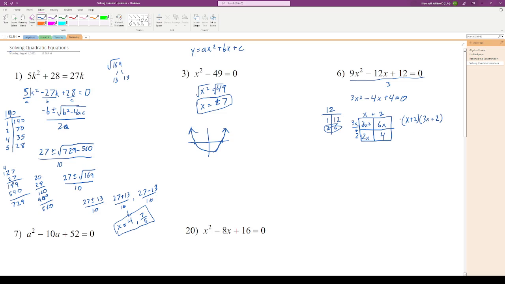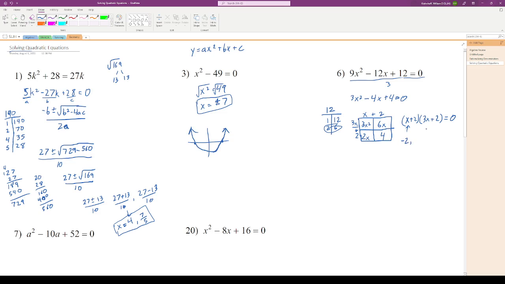Those are our factors, but our solutions are what we can plug in for x to make this equal 0. Because remember, we have an equation here where this thing all equals 0. So the first way to make this be 0, if I plug in -2 here, this term becomes 0, and 0 times anything is 0. So -2 is one of my solutions.